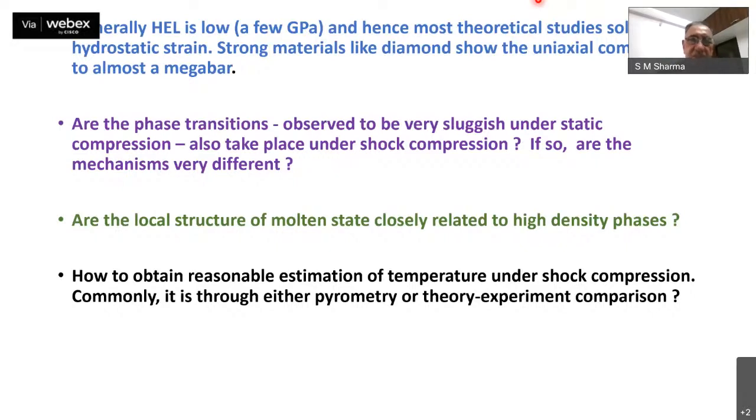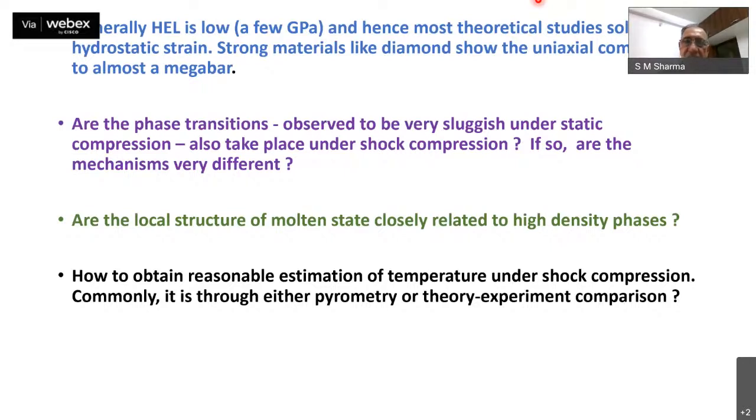The reason we ask that question is if a phase transformation is very sluggish, it takes hours to days, then under shock compression, your immediate reaction would be that it would not take place because shock experiments are essentially at the upper end, at best, microsecond kind of experiments, but in many cases, a few nanoseconds kind of experiments. So if a phase transformation takes place under shock compression, it has to be very rapid.